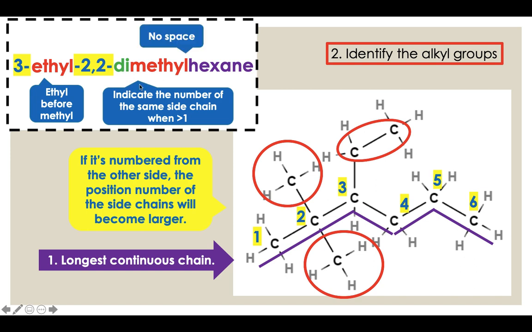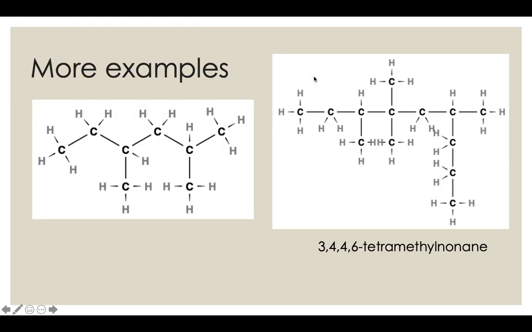Okay, and overall, no spaces. So for alkanes, strictly there are no spaces. Between numbers and letters, we connect them with a short dash. Between numbers, we separate them using a comma. But overall, no space. Let's do more practice.